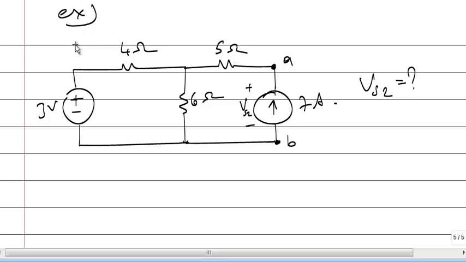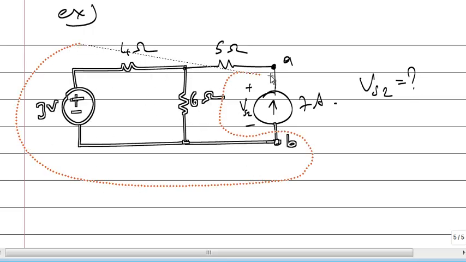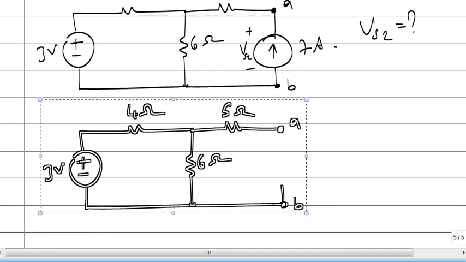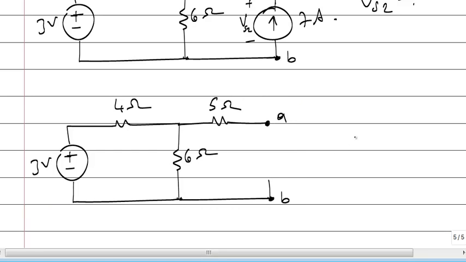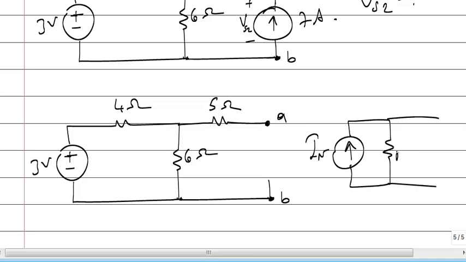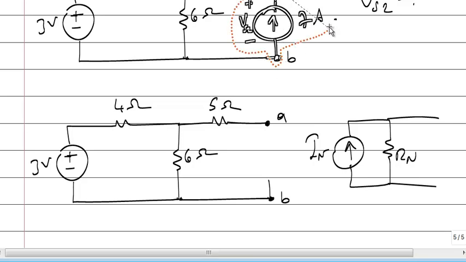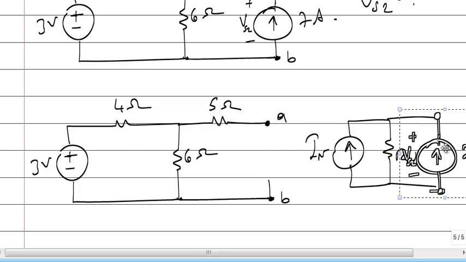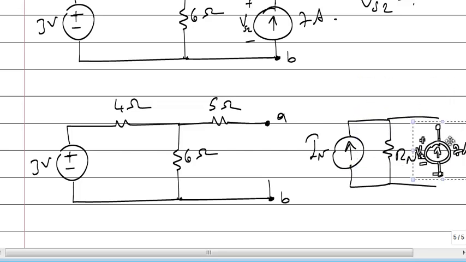So first I will copy the remaining parts except the current source, and then I will calculate a Norton's equivalent for this part, I Norton, R Norton, and I will connect these components to here. Okay, I will connect like that and then calculate the voltage.